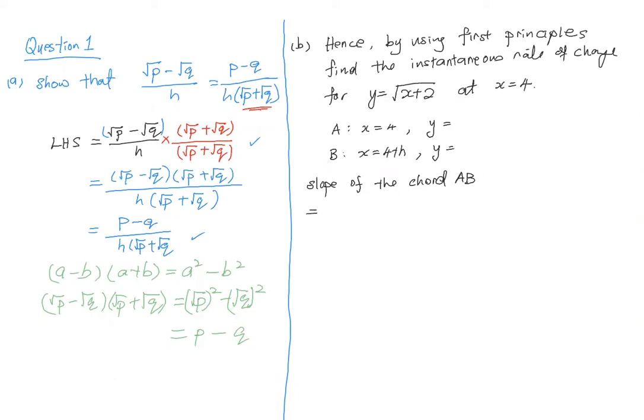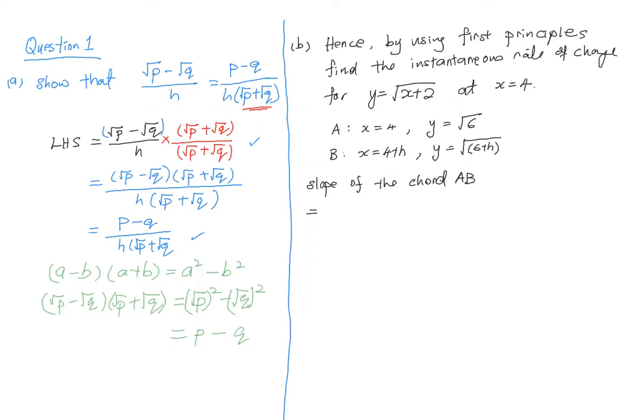Okay, when x equal to 4, what is the y? Jen, how? √6. Okay, when x equal to 4 plus h, what is the y? √(6 plus h). Yeah, √(6 plus h), you better bracket it, because whatever is in the square root, you must do first.